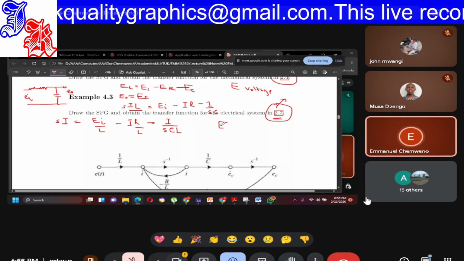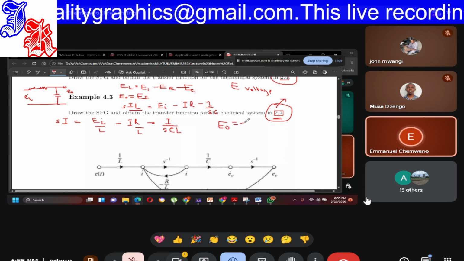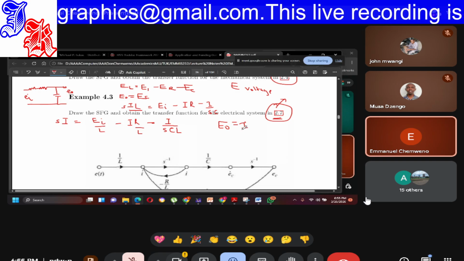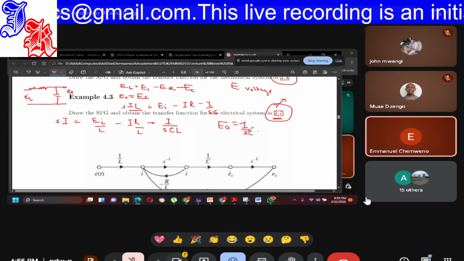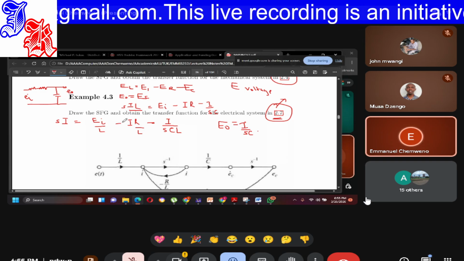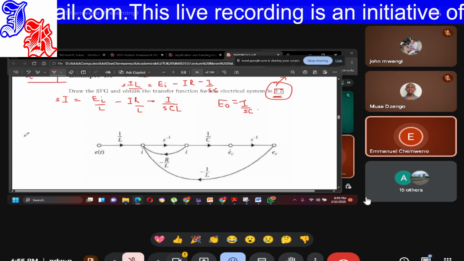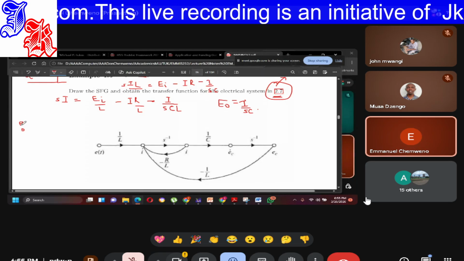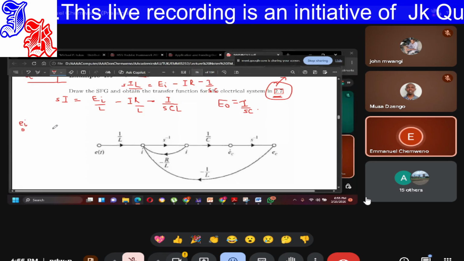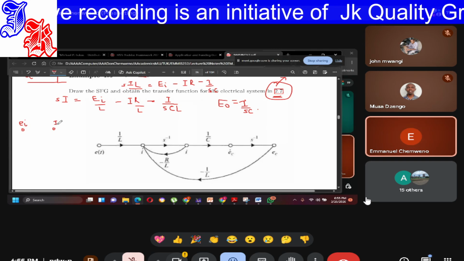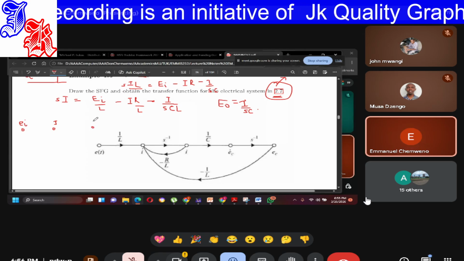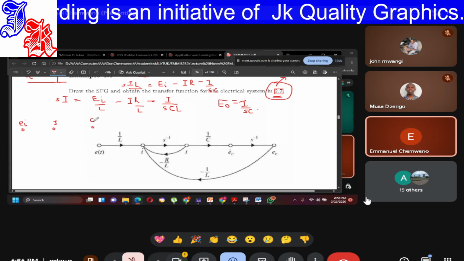And E naught is equal to I over SC. Now, here you have different nodes. You have a node of the input, EI. You expect to get some current, I, and then get some voltage, E naught.